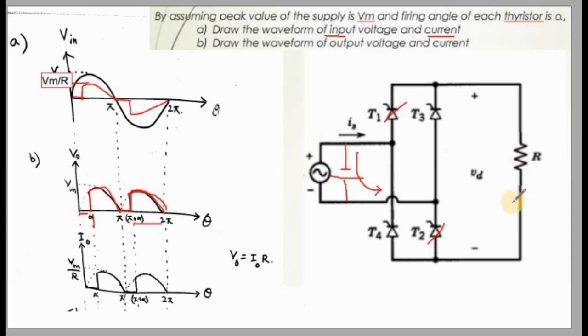These waveforms can be different. For now, we will talk only about resistive loads, and then we will talk about inductive and capacitive loads.